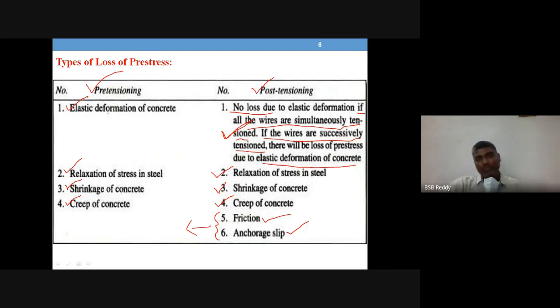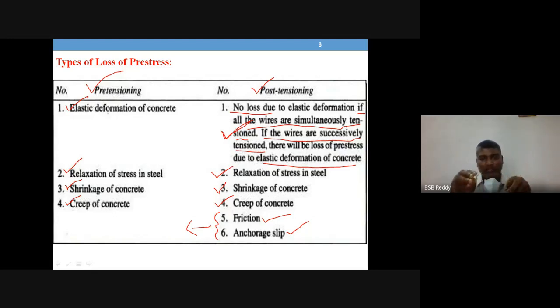So that's the overall picture of this unit. What are the different losses you have? There are overall six types of losses. Then you categorize them depending on immediate and time dependent, and depending on the type of member, pre-tension or post-tension.